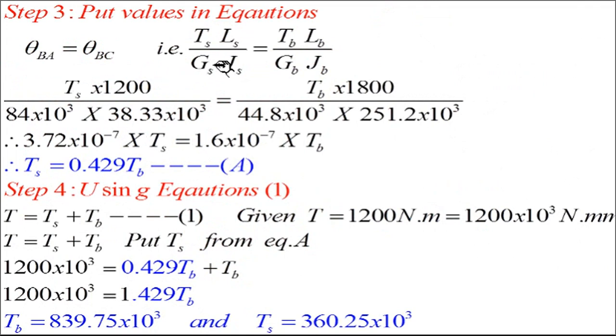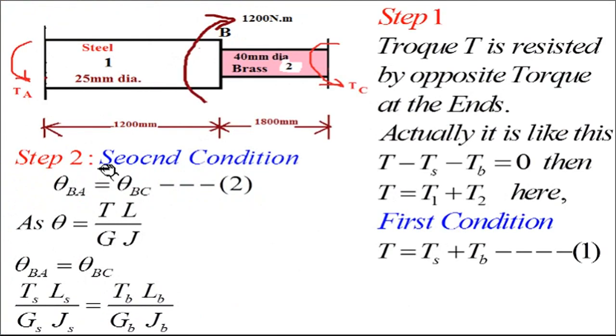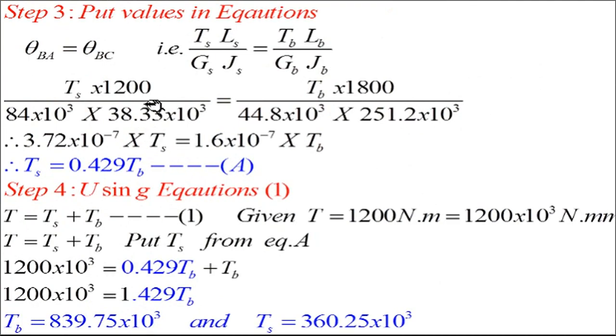In that equation you put the known terms. TS and TB are not known, so put them as they are. The length of steel LS is 1200 and the length of brass is 1800. Here I am putting the values in this equation.